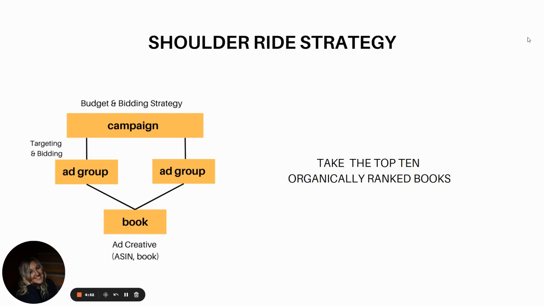You don't necessarily want to focus on the ones that are used for ads. Like if you see a book, it's ranking good with ads, go ahead and research it and look it up to make sure that it's still ranking without ads. When I say organic, this basically is like the top 10. You can get a good idea of what the top 10 are when you're in that category.